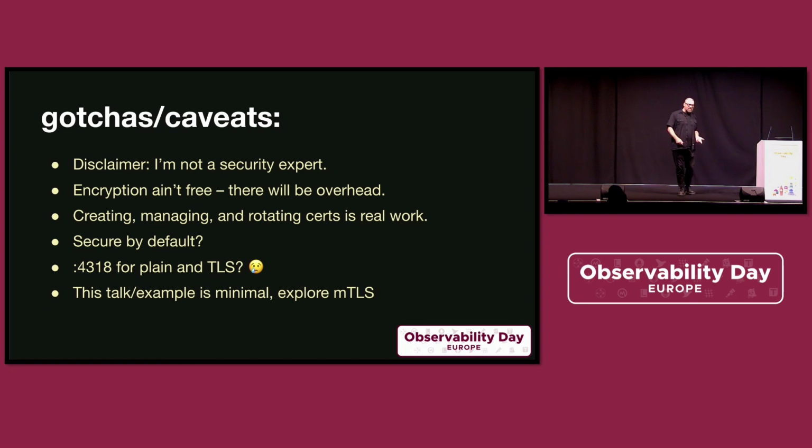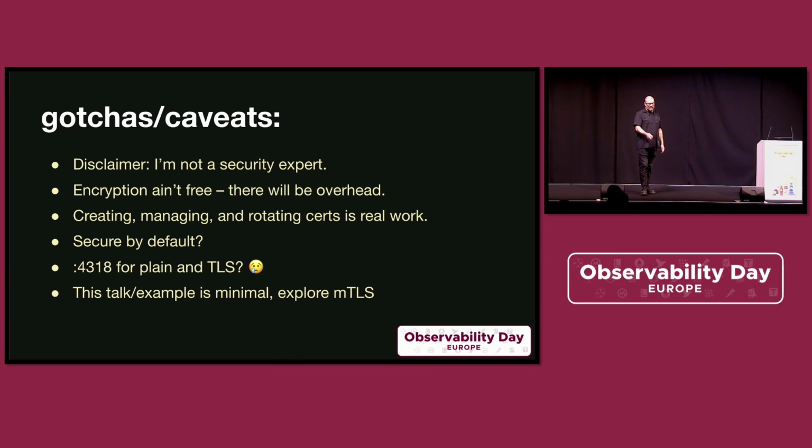But it also occurred to me that we use 4318 as the default clear text port, but maybe there's some possibility for us to specify an alternate port that hints that TLS is in use, and there might be some benefit to that. Because in your browser, it's 80 for clear text and 443 for TLS. So if there were a convention on the OTLP side, that would be probably pretty cool.